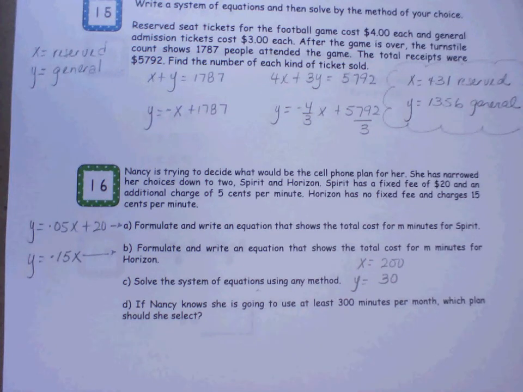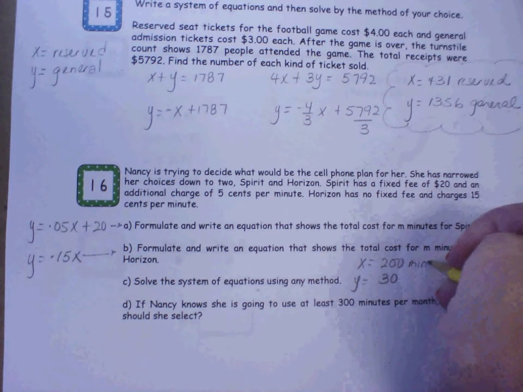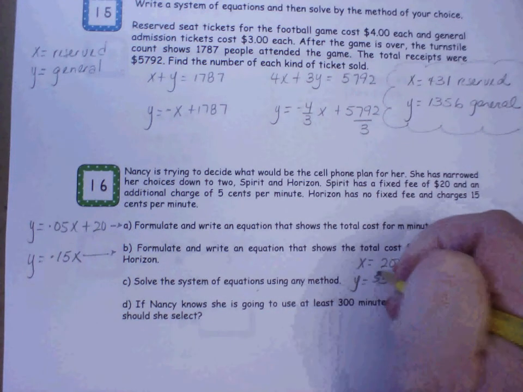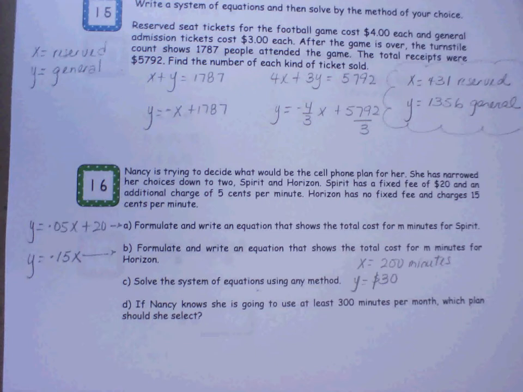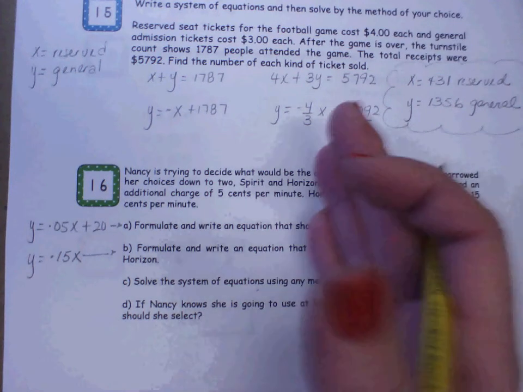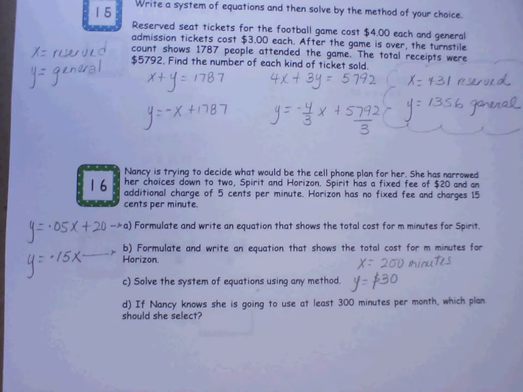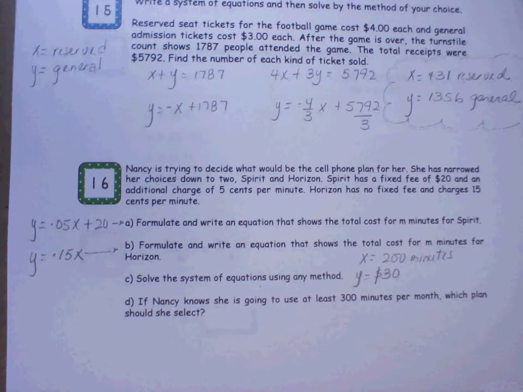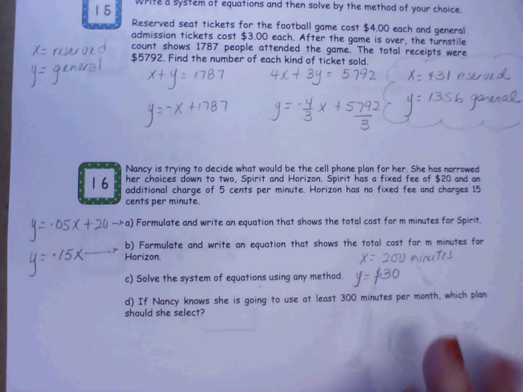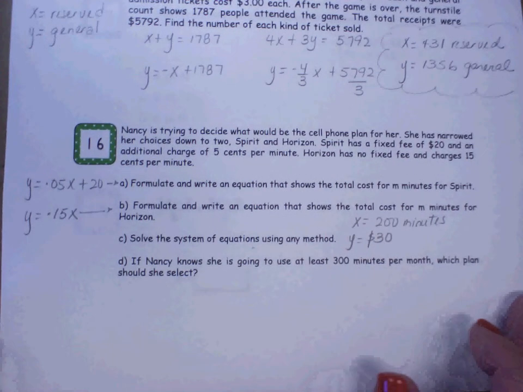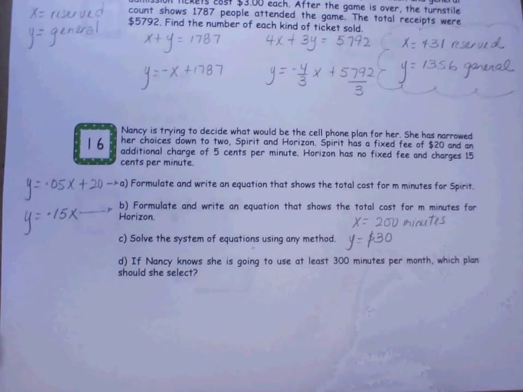Now, what does that mean? What does the point (200, 30) mean in this real life situation? Look, read it, look at it, and then let's say something, because there's not $2 in here. There's 200 minutes and $30. What does it mean? It's not 30 minutes.